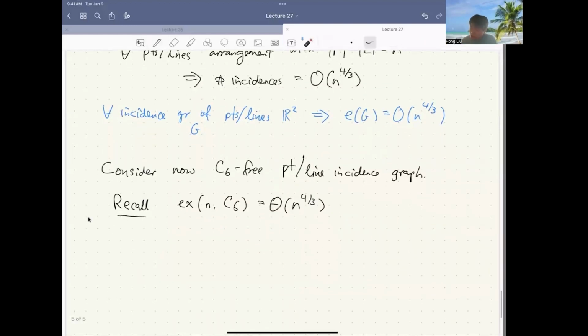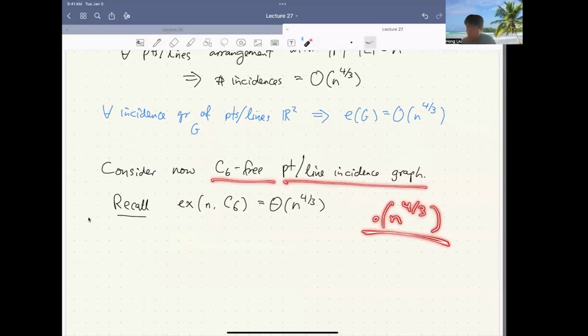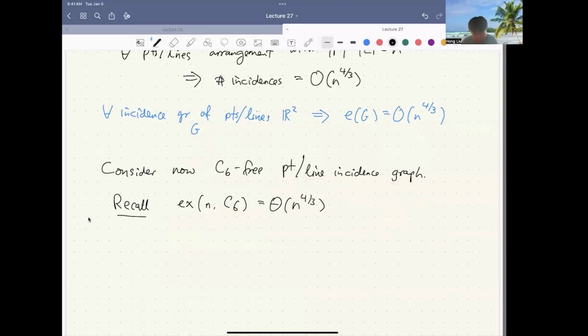For C6-free point-line incidence graphs, we will get an upper bound of little o of n to the 4/3. It's different from the general case. This is the theorem.